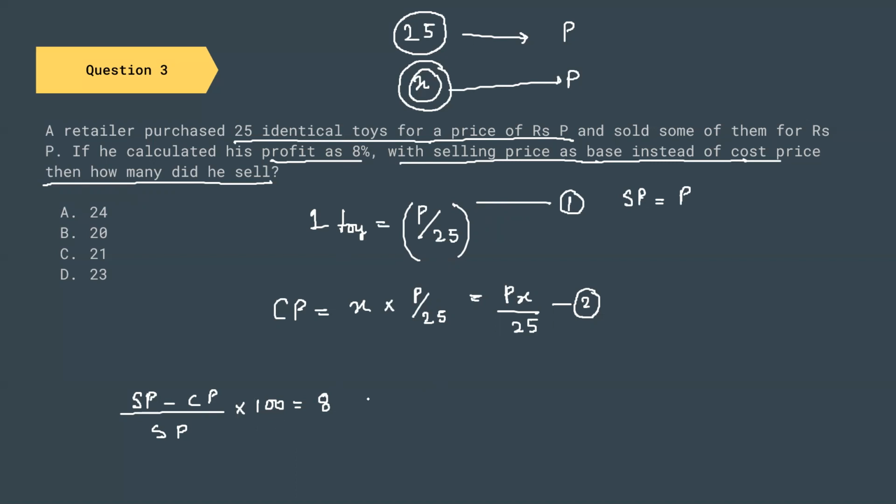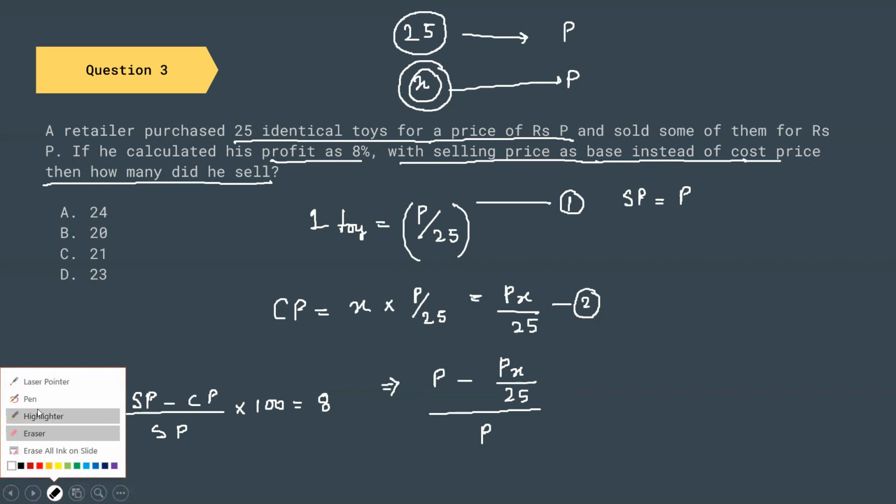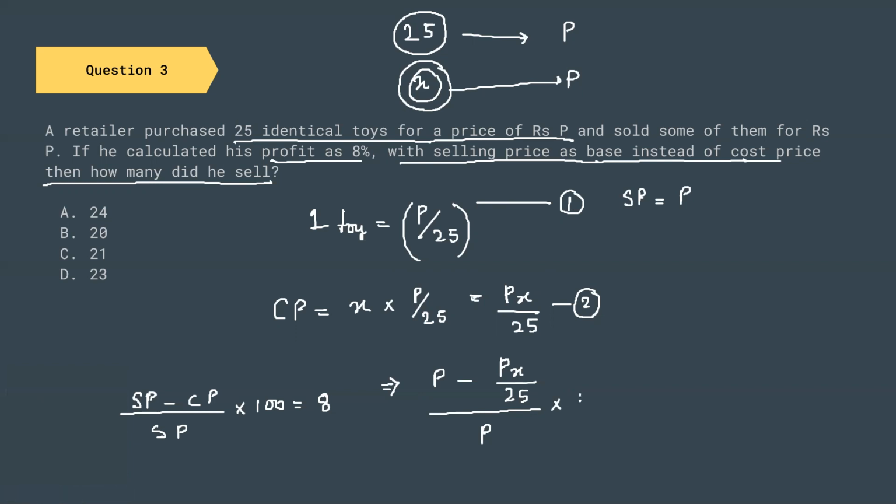So now let us replace the values. SP is P, CP is Px by 25, and it is divided by SP, which is again P, and this is multiplied by 100, and this gives us 8. Now we can take P common from the numerator and denominator.